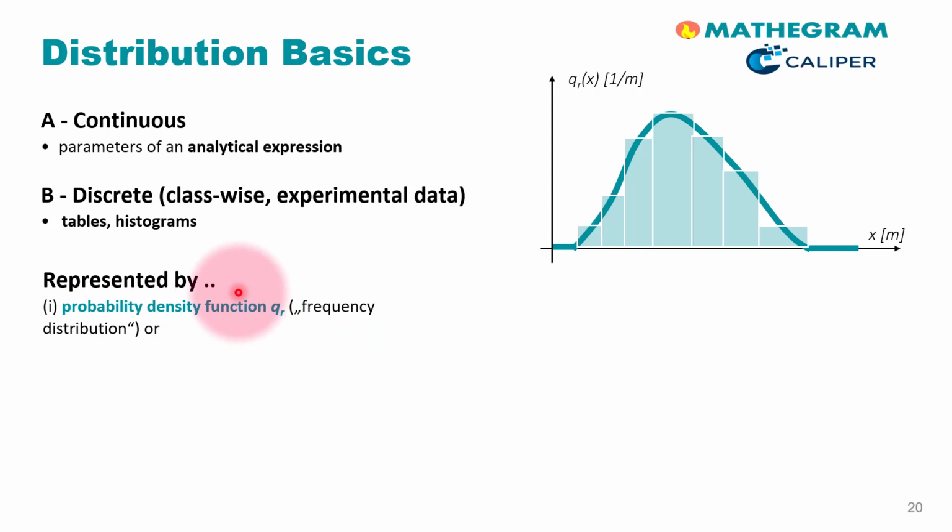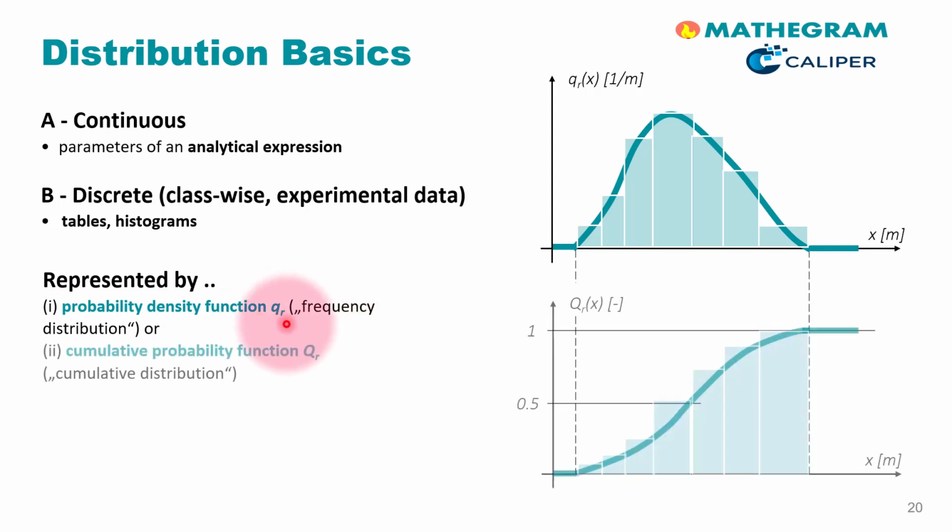The first option, shown here on the top right already, and we have discussed it already, is the representation with a probability density function qr, which is also called a frequency distribution. qr is not a probability, but a probability density, meaning that it does not give the probability of something, but its integral is a probability. You will understand that later when looking at the mathematical expressions.